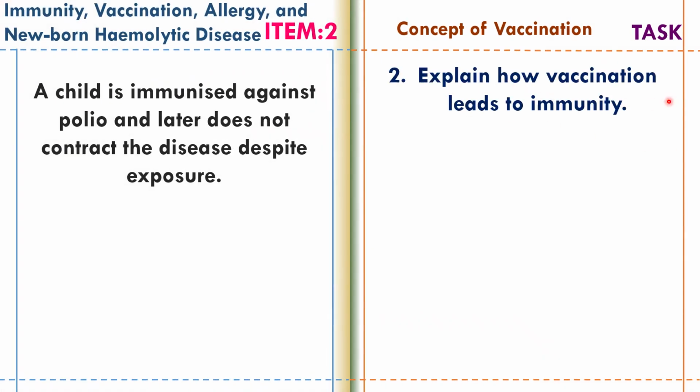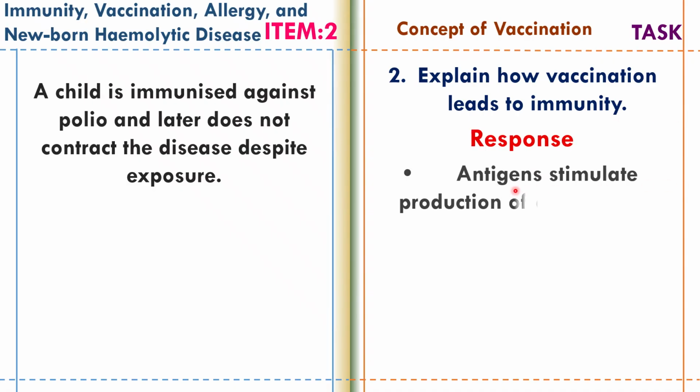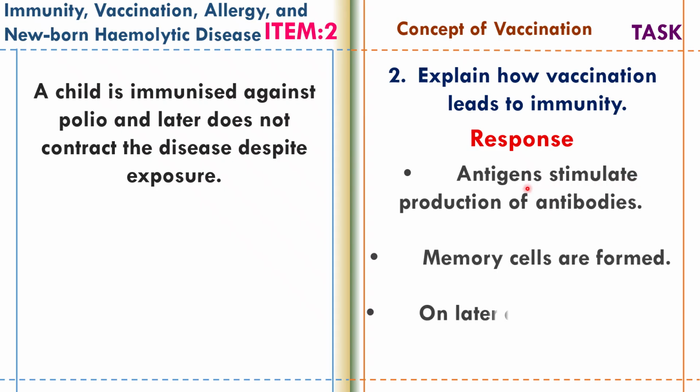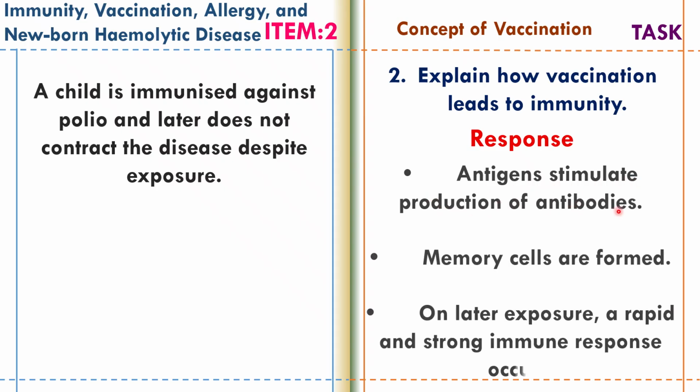Explain how vaccination leads to immunity. Antigens stimulate production of antibodies. Memory cells are formed. On later exposure, a rapid and strong immune response occurs.